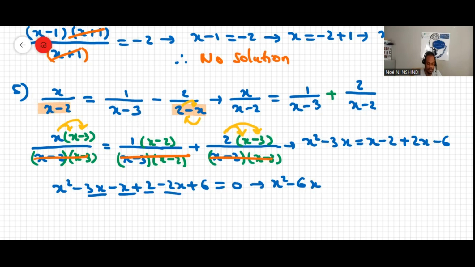And then 2 and 6 there makes positive 8 equals 0.